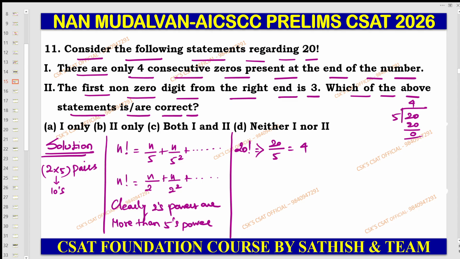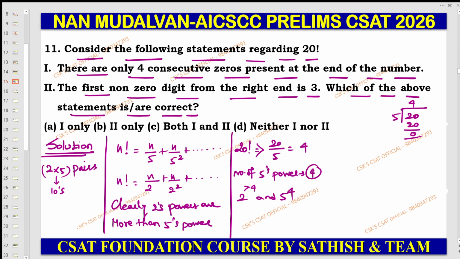If it is more than 5, you have to divide again. Here 4 is lesser than 5, so you can stop here itself. Therefore the number of 5's power is 4. Surely 2's power is going to be greater than 4. According to this question, 5's power here is 4.